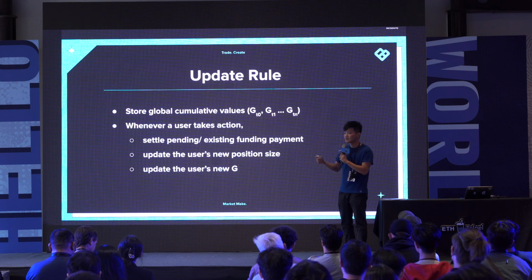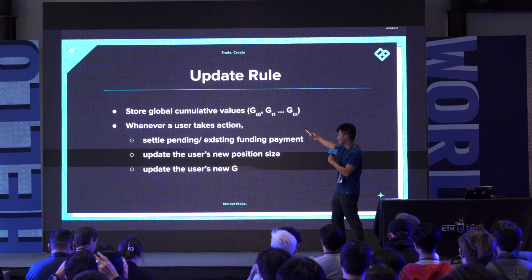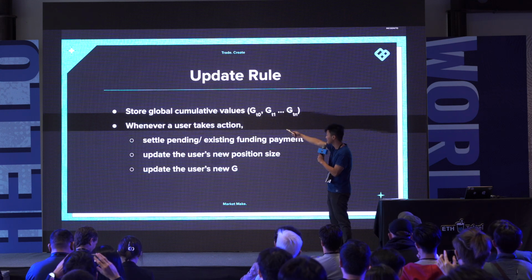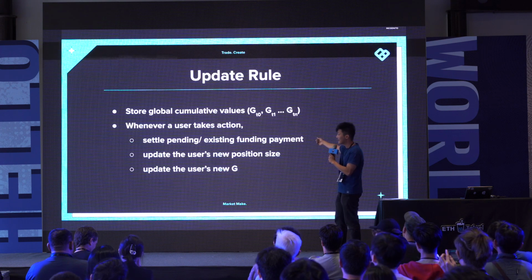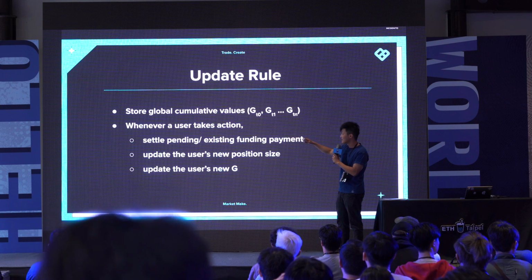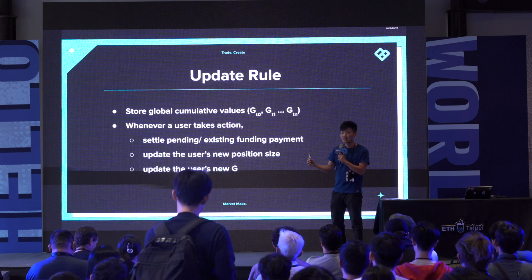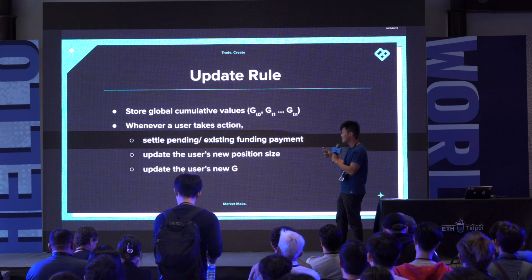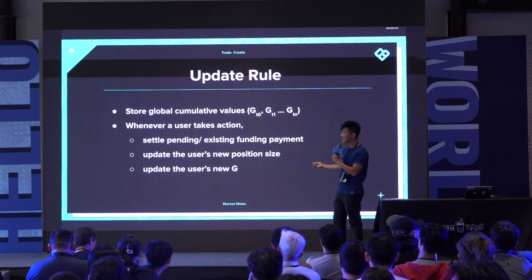And we also need some update rules for this mechanism. First, of course, we always have to store those cumulative values. The update rule is that whenever a user takes action, meaning opening a position, closing, or increasing the position size, we have to first settle the existing funding payment of that user.